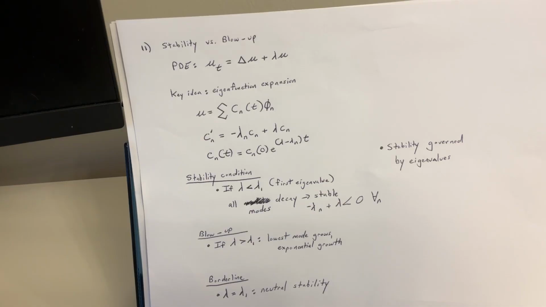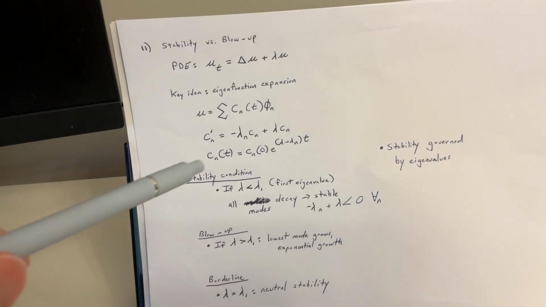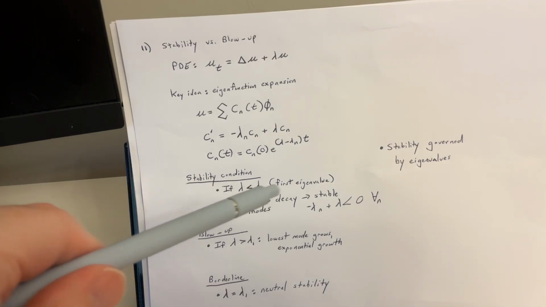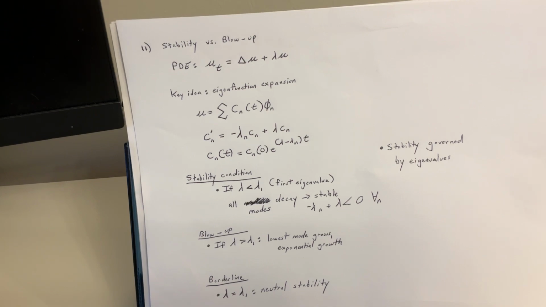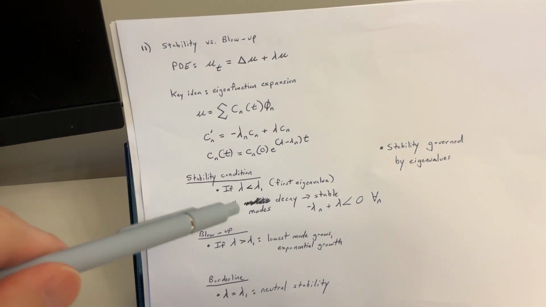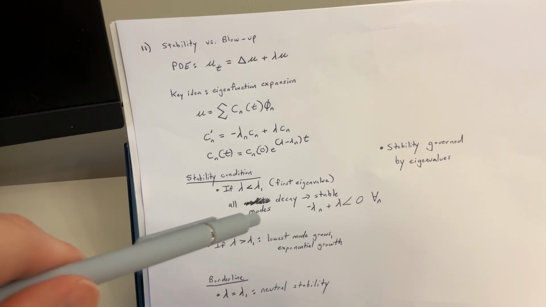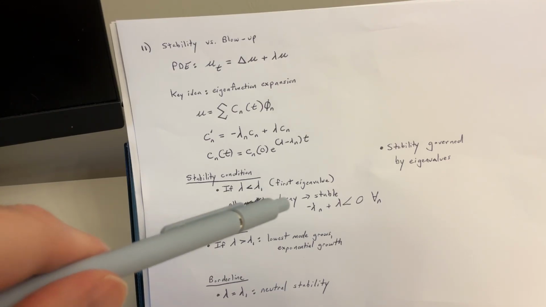All right? Now think about lambda in terms of the stability conditions. If lambda is less than lambda sub 1, the first eigenvalue, all modes as a result will decay. All modes decay.